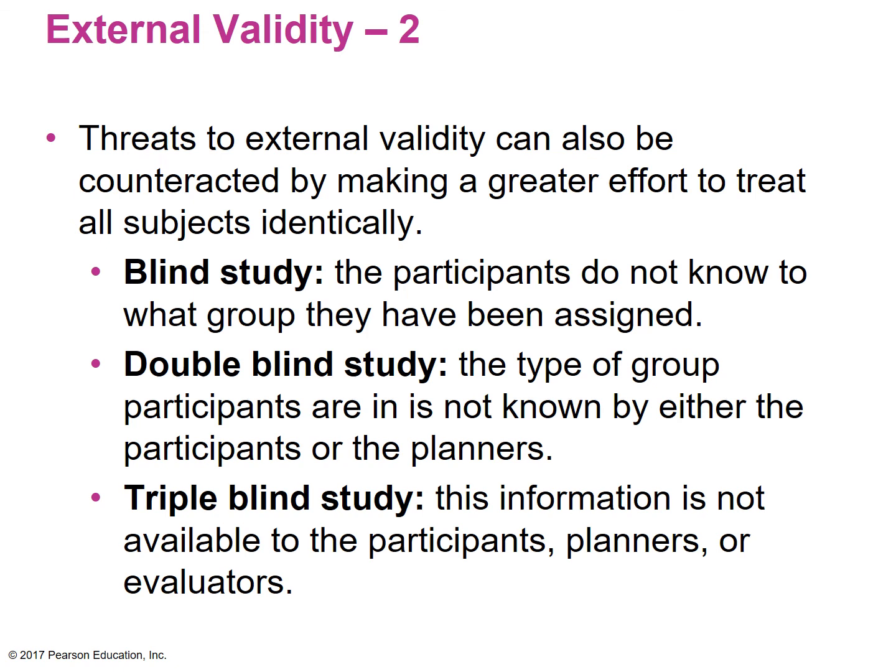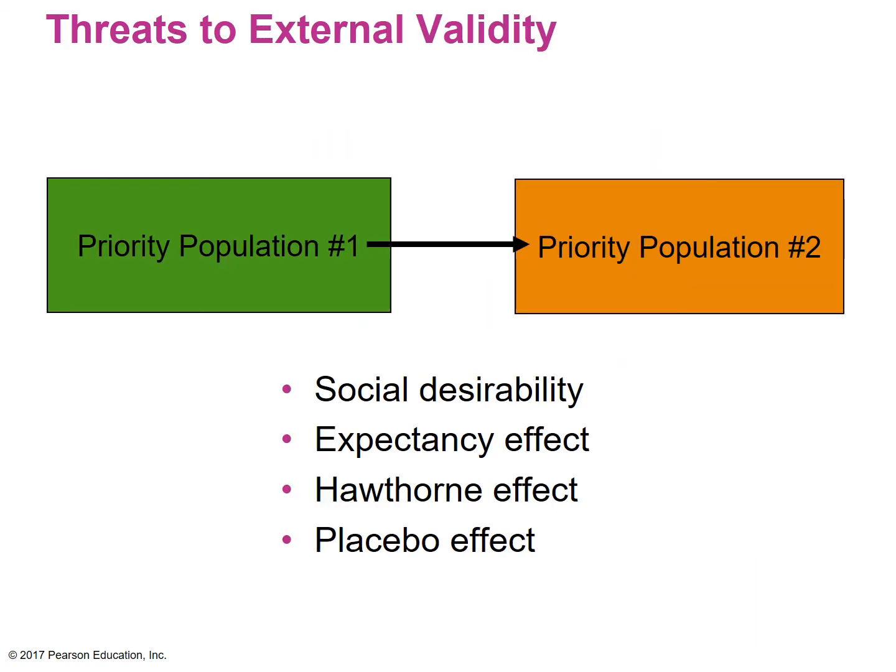They're just working with the data. And then a triple blind study, okay, nobody knows anything about the experimental or control group. Again, you're just trying to take away some of the biases that I'll talk about here in a minute.